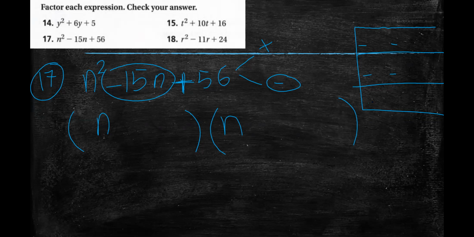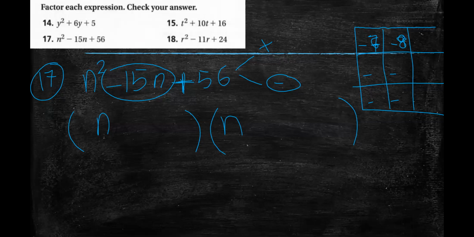If you multiply them, you get 56. What are these numbers? Could be negative 7, negative 8. Yes, sorry, negative 7, negative 8.